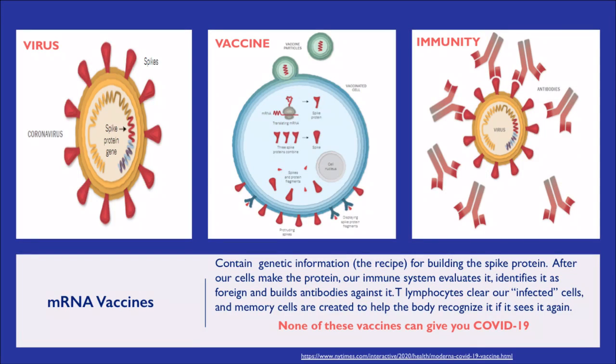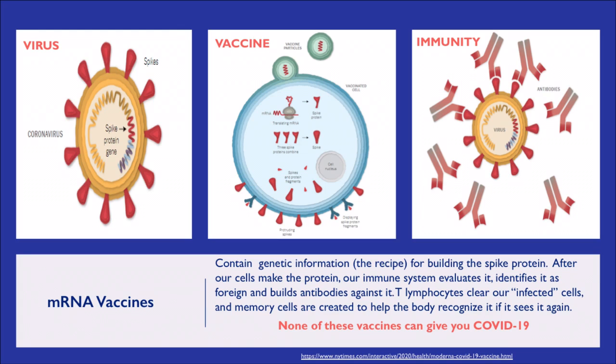Now let's talk about mRNA vaccines. To help you understand this, let's first take another look at the virus. We've got the genetic information or the recipe to make more of the virus. We've got the membrane, the outer membrane, and then we've got that protein coating or the spike protein.